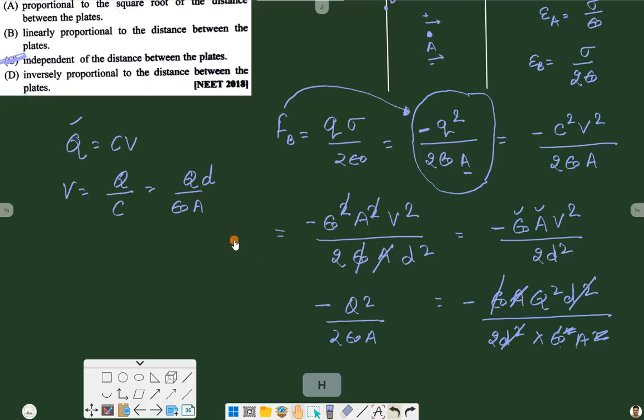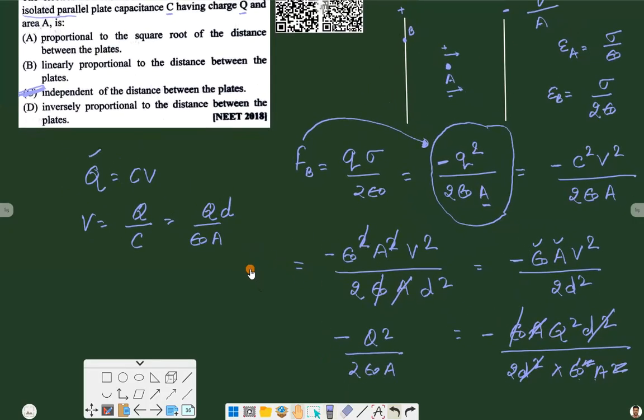In these types of questions, you have to keep in mind that you can only have one variable, and in this equation we do not have any variable, so it means force is constant. But if we put the value of Q equal to CV, in this equation C is also variable because distance is varying, and potential is also variable because it is not connected to a battery.